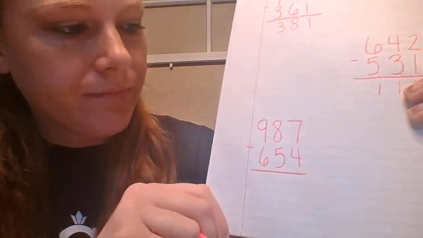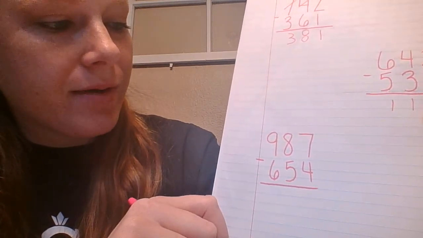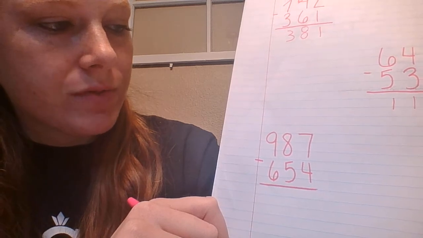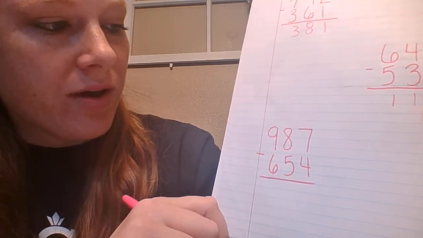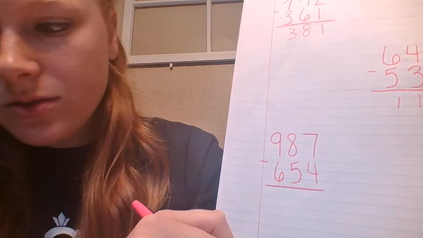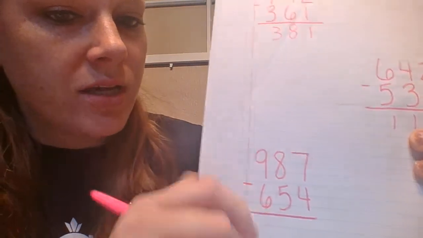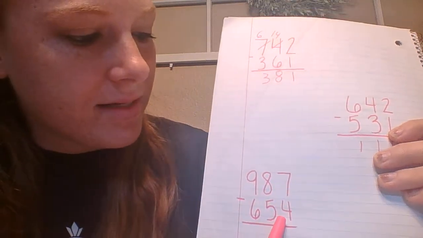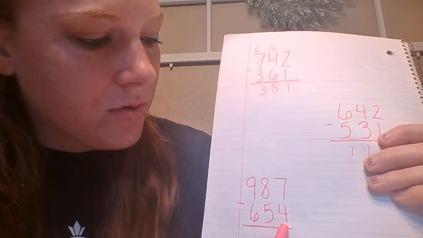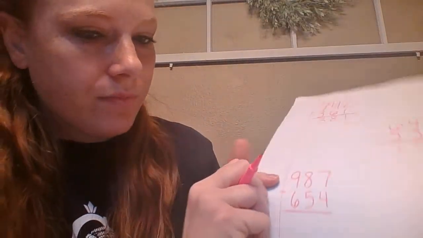Our third problem is 987 minus 654, or 987 menos 654. Your first two numbers that you're going to subtract are 7 minus 4, which is 3.